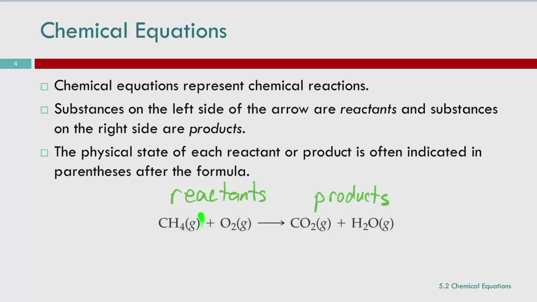We often indicate the physical state, the phase of matter, that it is. In this case, these are all gases. So a G for gas. So what we have before the reaction occurs is on the left side, what we have after the reaction occurs is on the right side.